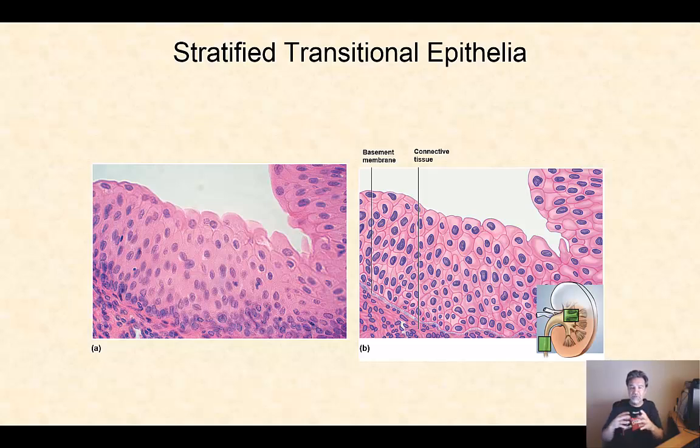And so as the bladder fills, you'll see this transitional epithelium thin out. So it may be this thick, and then as it fills, it thins out. Then as the urine empties, it will begin to thicken again. So we have this unique capability, really impressive, of thinning and thickening depending on the state of the bladder.